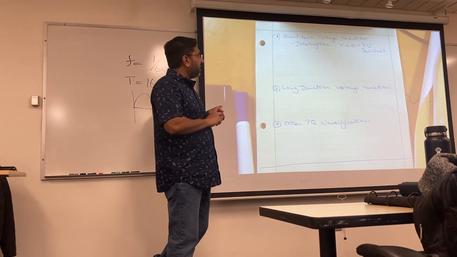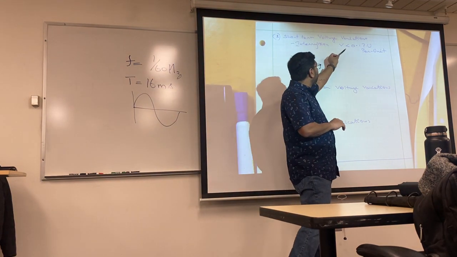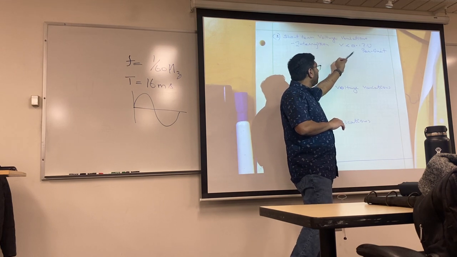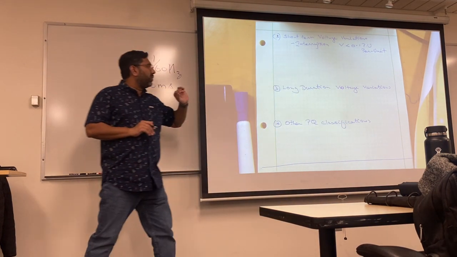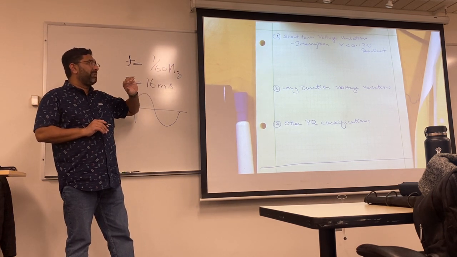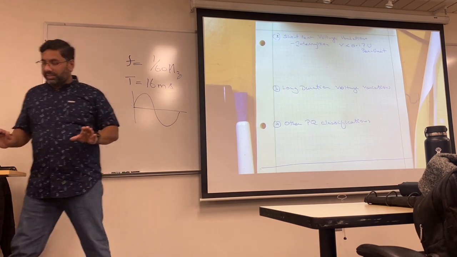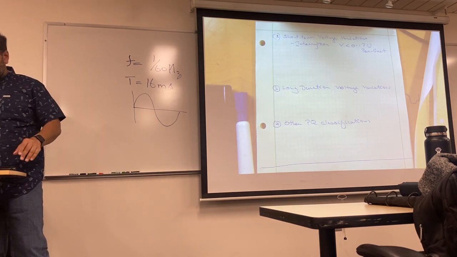But for the time being, I'm going to say that interruptions, short-term interruptions, are like 0.1 PU. And what I'm trying to define is, we are going to define a single way to come up with all the voltages and currents and whatnot. It will just be one single currency that we are going to use across the system.